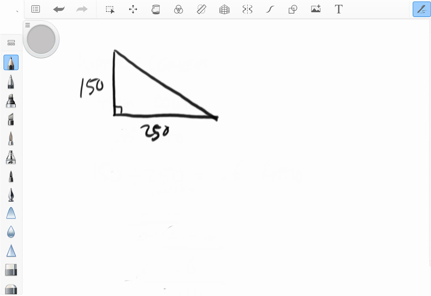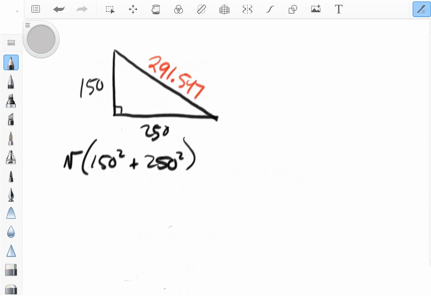We'll basically get the square root of 150 squared plus 250 squared, and it'll give us the hypotenuse. So how we do it in our calculator is square root, open bracket, 150 squared plus 250 squared equals the hypotenuse. And in this case, the hypotenuse will be 291.5476 and change.